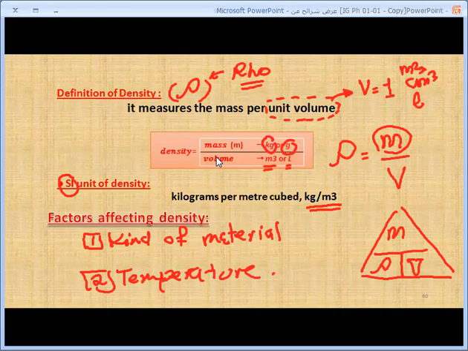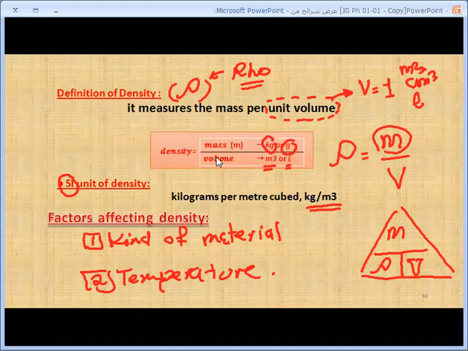Yes, but not always. Why? Imagine that I tell you that the density of water is 1 gram per cubic centimeter, and this number is correct at 4 degrees Celsius.